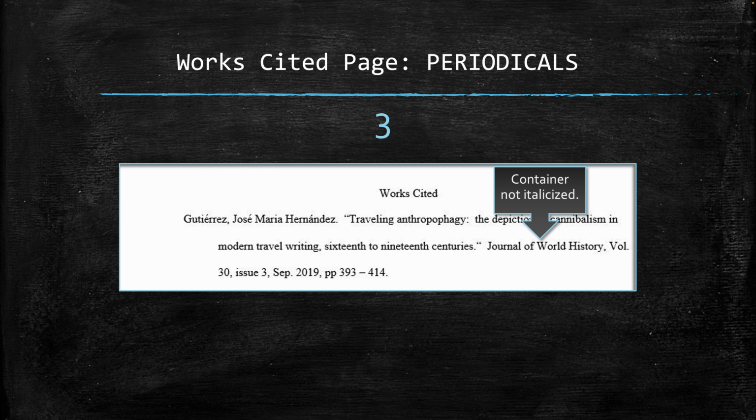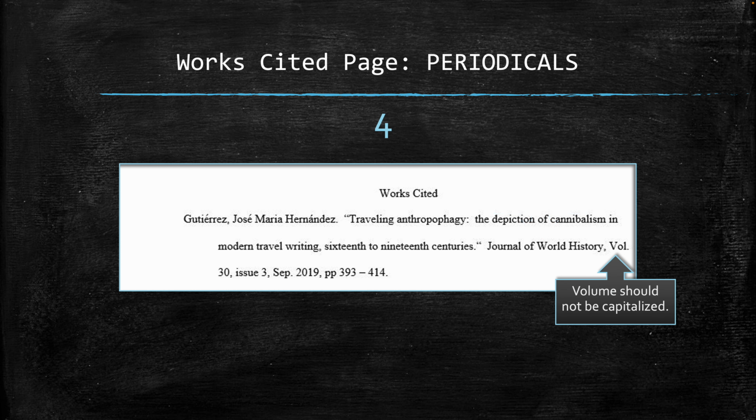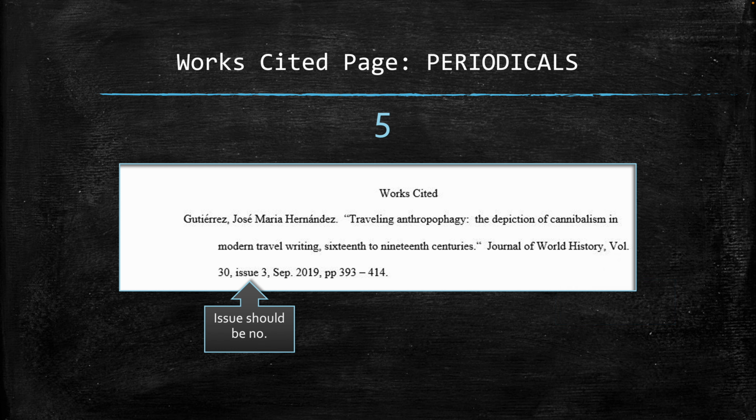The container has not been italicized as it should be. That's mistake number 3. Volume should not be capitalized. That's mistake number 4, and that's a particularly common one. Issue should be abbreviated as number, NO period.